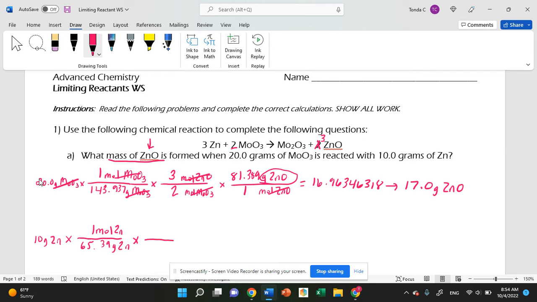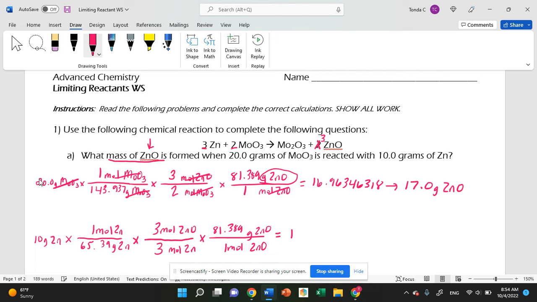Then we use our mole ratio. Here, we know that 3 moles of ZnO, but to cancel moles of zinc, it's got to be on the bottom. Looking up here, that's 3 moles. From there, the last part of the equation is the same because we're still going to ZnO, so this one's still 81.389, and this one's still 1 mole.